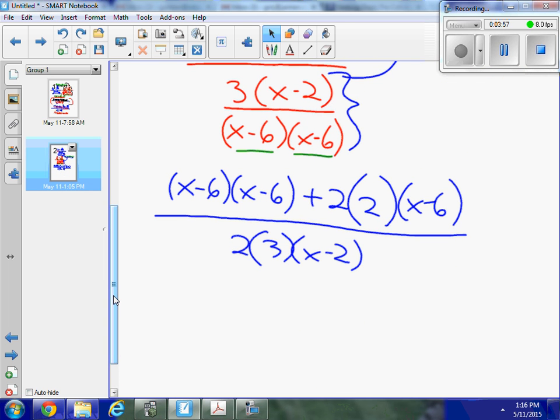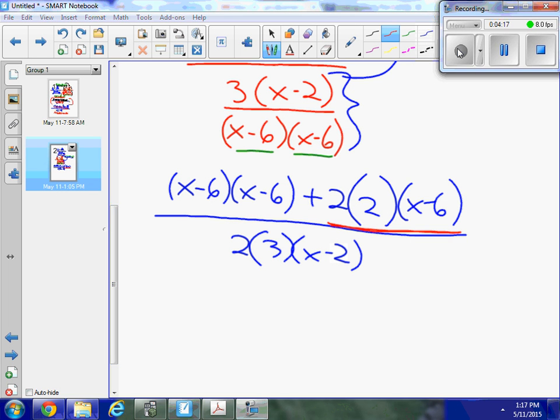Now, looking at my numerator, I have x minus 6 times x minus 6. So that's going to be a quadratic. And this portion over here is going to be linear. It's going to just have 1 power of x. So I can tell, as can you, that there's going to be some combining of like terms here. But first, I need to expand it out.